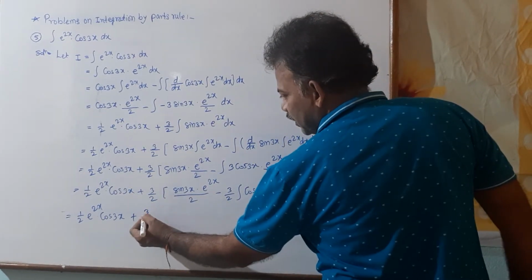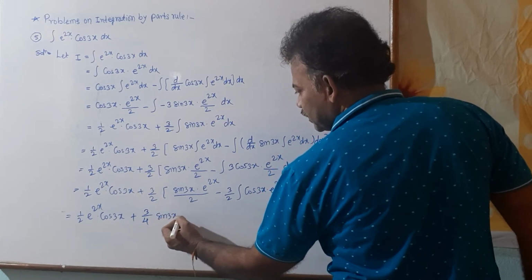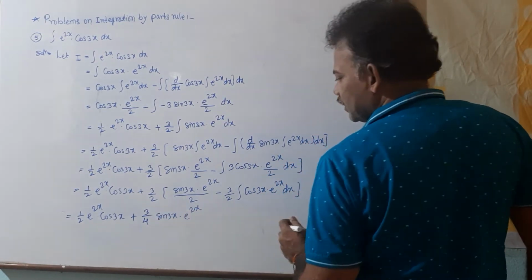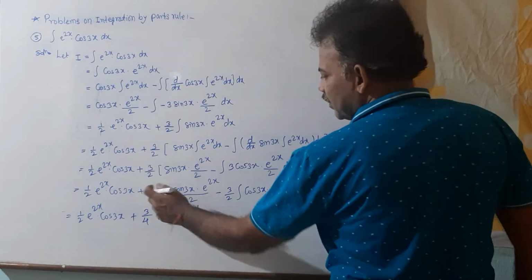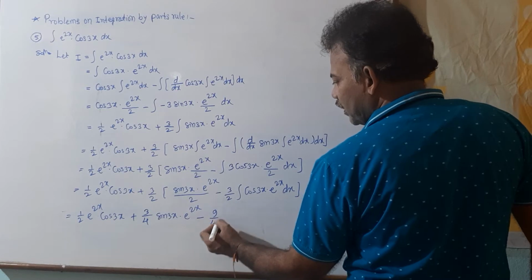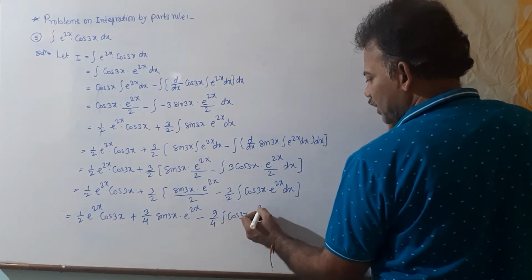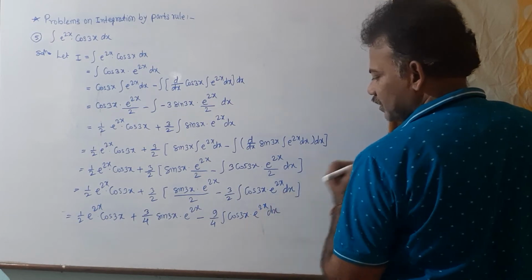So we get 3 divided by 2 into 2, 4, sin 3x into e to the power 2x, then minus sign and this plus, minus 3 into 3, 9, 2 into 2, 4, integration cos 3x into e to the power 2x dx.